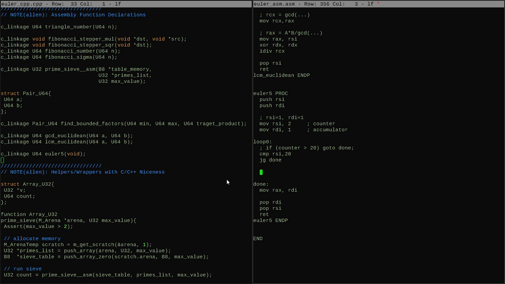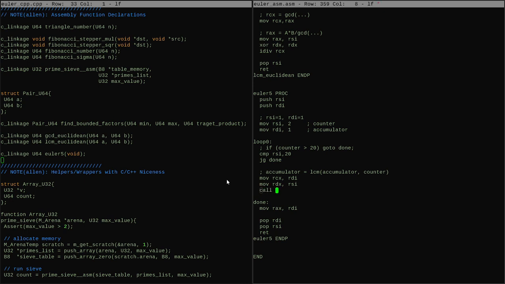Otherwise, what we do is accumulator equals the LCM of the accumulator and the counter, right? So I have to move into RCX from my counter, I guess I got that backwards, from my note. RCX gets the accumulator, RDX gets the counter.